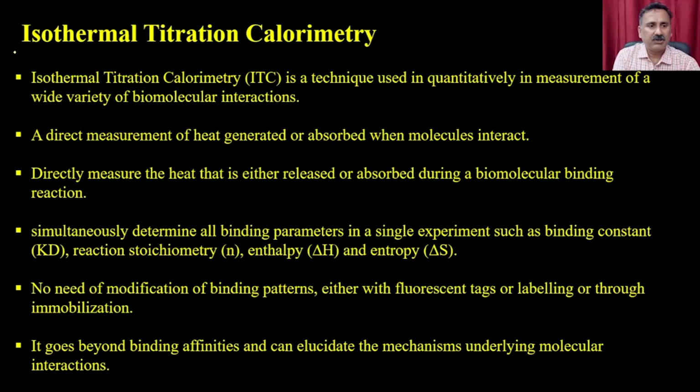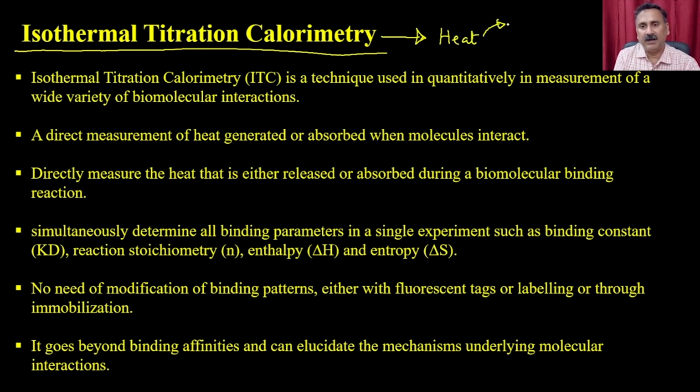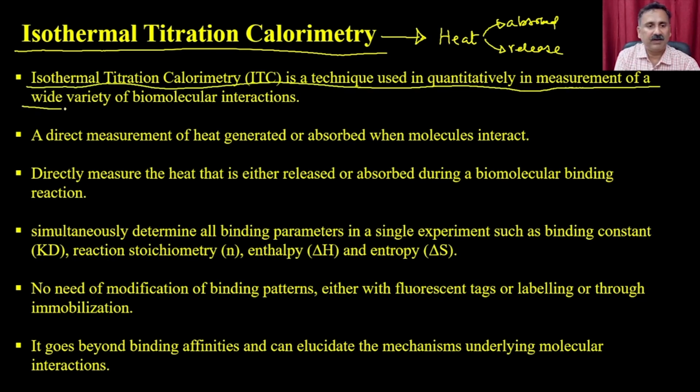Isothermal titration calorimetry, as the name suggests, is a technique which measures the heat, whether it is being absorbed by the system or released from the system. It is a technique used for the quantitative measurement of a wide variety of biomolecular interactions.